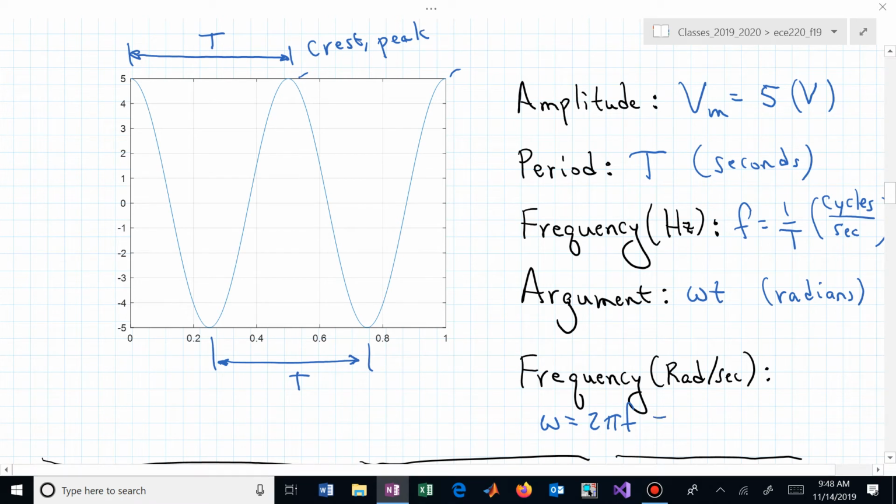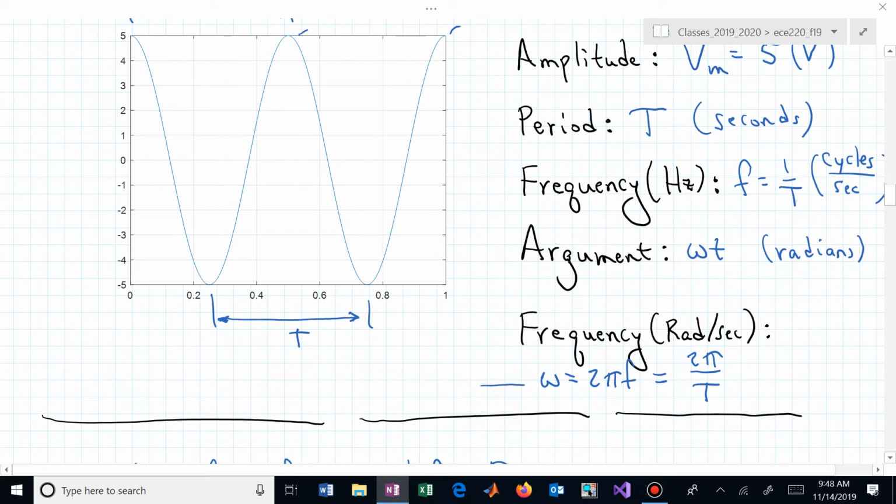And now that we have this connection of frequency in hertz with the period, we can also write this frequency in radians per second as 2 pi over T. Which, if now somebody gave you a functional expression for a cosine, and you could identify the omega from the argument expression, you could quickly find the period.